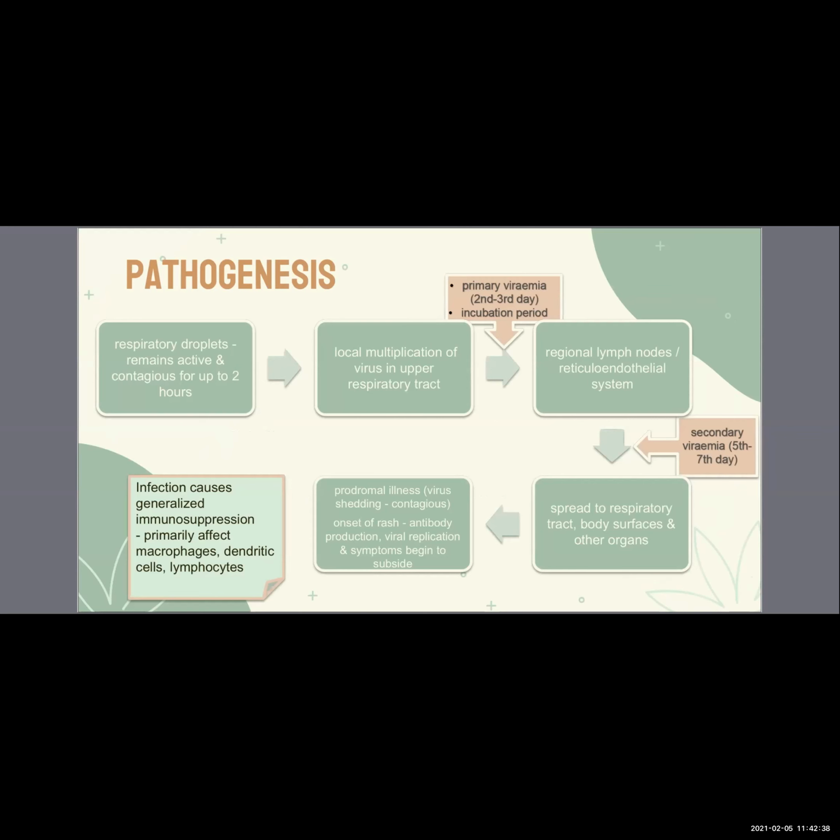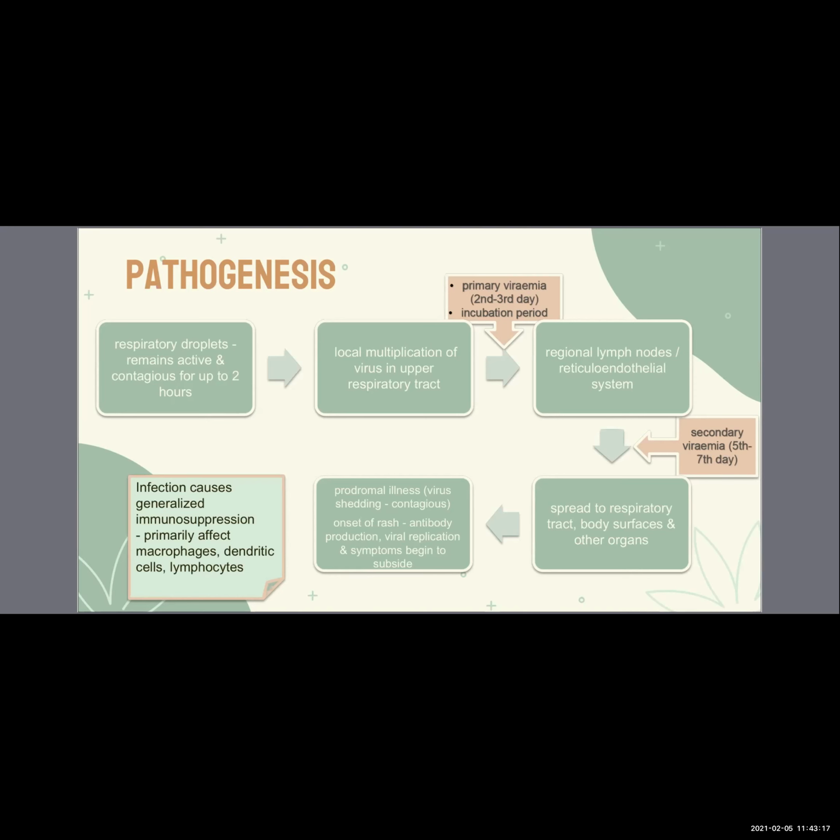When it enters through our respiratory tract, it will multiply locally in the upper respiratory tract and spread to the regional lymph nodes and reticuloendothelial cells, and primary viremia will occur, particularly during the 2nd to 3rd day of infection, which is in the incubation period. After that, it will spread to the respiratory tract, body surfaces, and other organs, where the secondary viremia occurs, usually on the 5th to 7th days of infection.